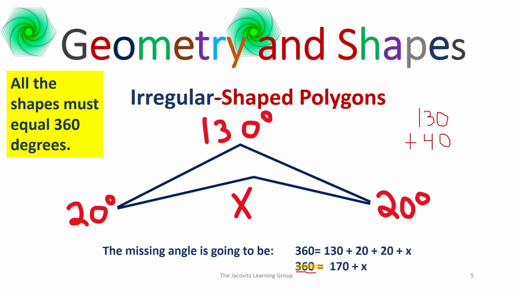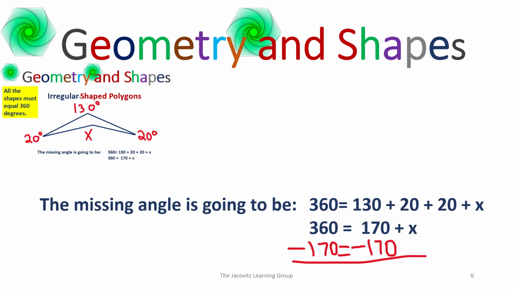Then all you have to do is subtract this 170 from 360, and we did it on the next page. This is just showing you the math behind it. These cancel out. You still have 40 here, plus 130, and then you had 170. But whatever you do to this side, you have to do to the other side.